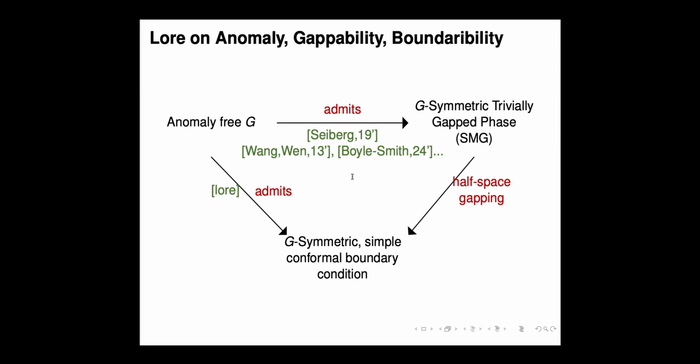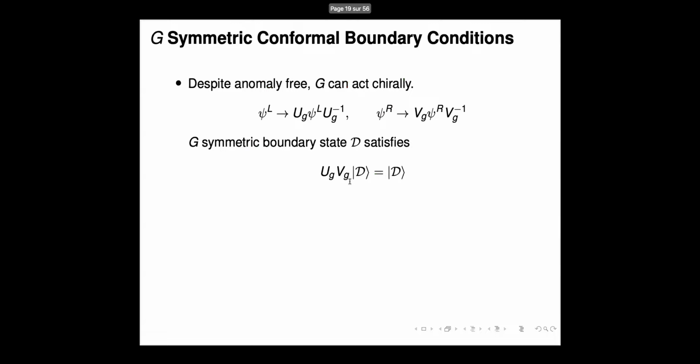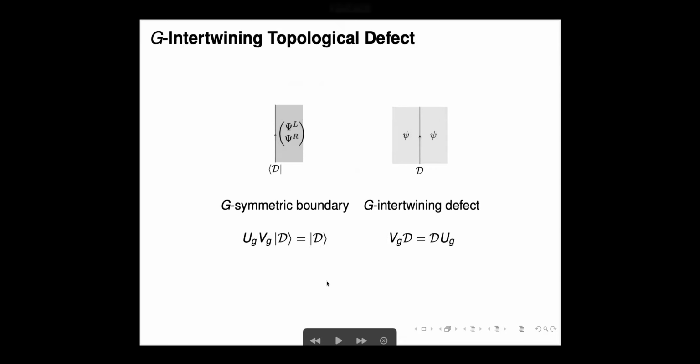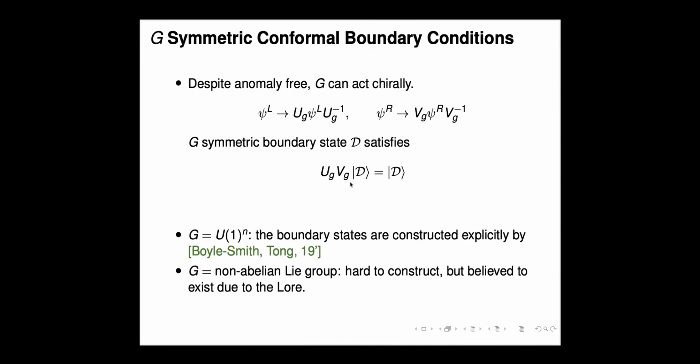So if you apply this half-gapping trick, then you will get a boundary condition preserving G. So let's apply this trick to the free fermion. First of all, for the free fermion, I already said that there is a U(N) times charge conjugation symmetry.